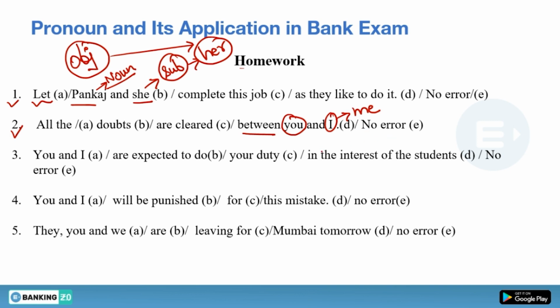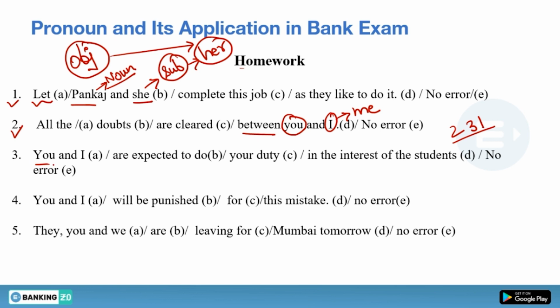Third sentence we have, you and I are expected to do your duty in the interest of the students. Is there anything wrong? This sentence is a normal sentence. And what would be the sequence? 2 3 1. When nothing is wrong, then we use this sequence when we have two or more than two pronouns as subjects in our sentence.